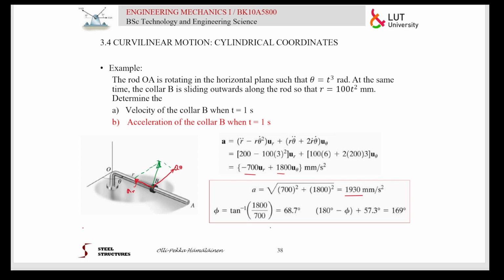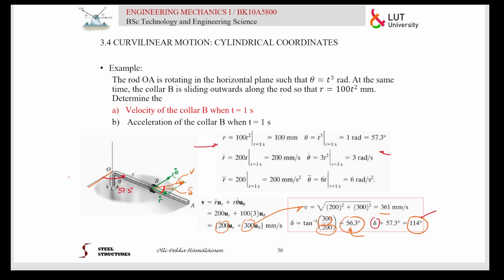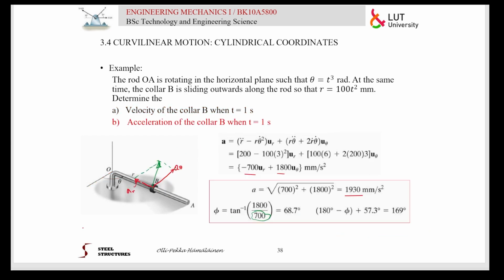And then the angle of this vector here. How much is it? It's 68.7. And what's my reference system? My reference axis is the one that has the component with these 700 units here, which I equate with this one, something like this. So it is this angle here. But then what's the angle to go from here to here?